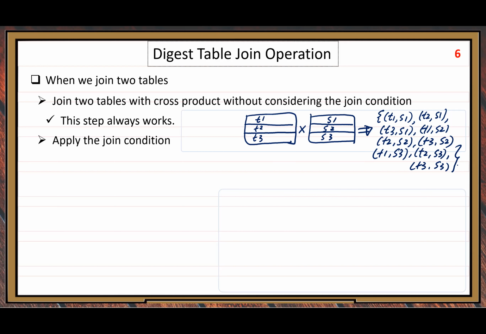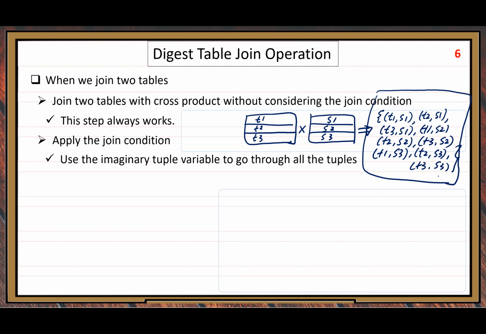After that, that's the temporary table we have, and we work on this temporary table. Use an imaginary tuple variable to go through all the tuples and check conditions. Only select those tuples that satisfy the join condition.